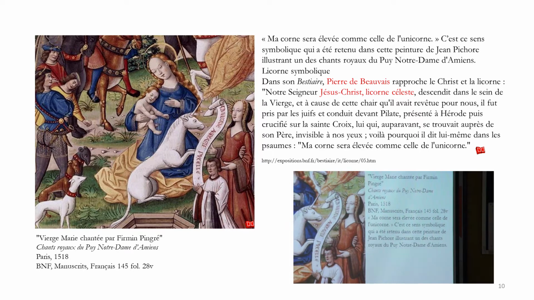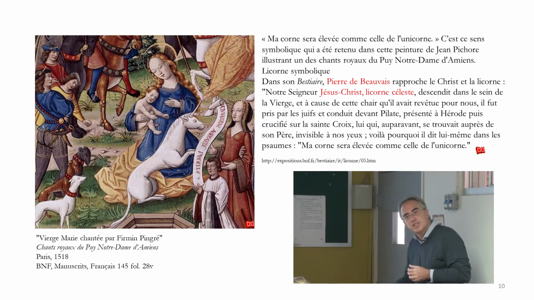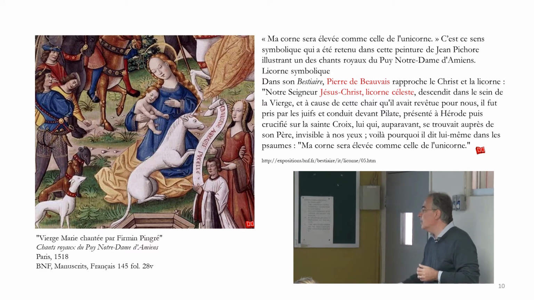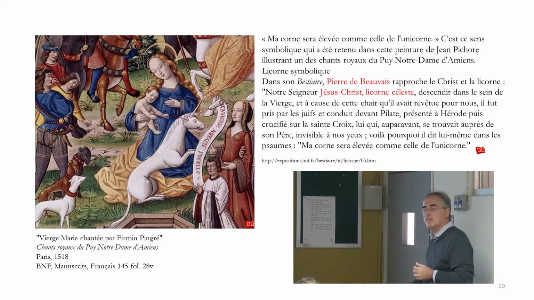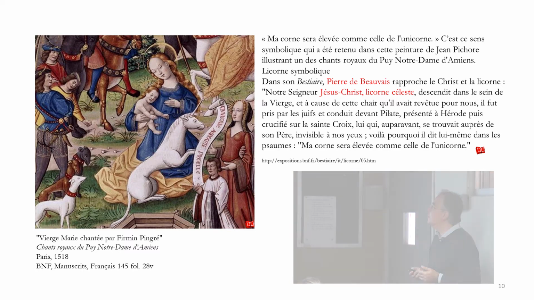So this is Virgin Mary, Jesus' mother, and suffered for our sake. You have the whole text continuing and explaining this idea. The full allegory appears here. Notice also that this is very, very obvious. We actually see Virgin Mary, we see baby Jesus and the unicorn as a symbol of baby Jesus.